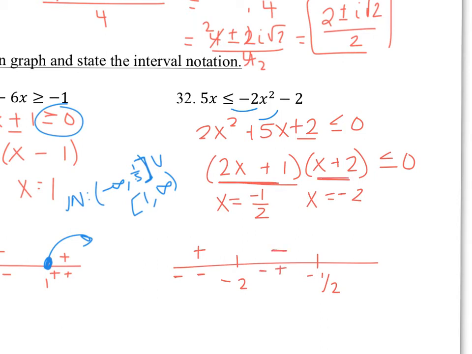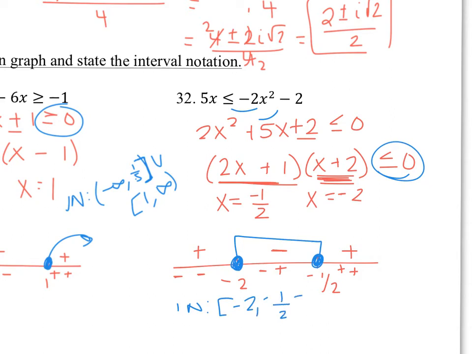And on the right, greater than negative 1/2, we plug in 0. That's positive for my first parenthesis, and positive for my second parenthesis. So now I'm going to look at my inequality symbol. It's equal to, so I know it's closed dots, and it's less than, so I go everywhere where there is the minus sign. So my interval notation is negative 2, comma, negative 1/2.